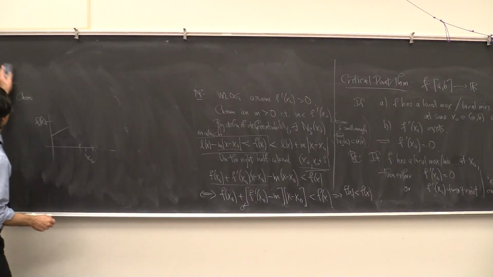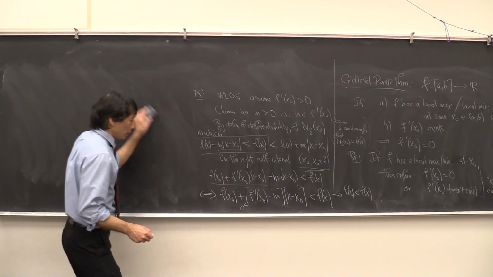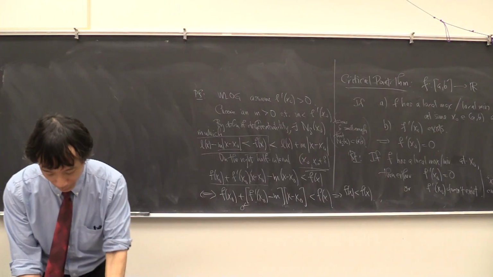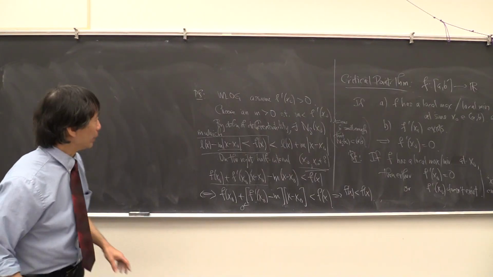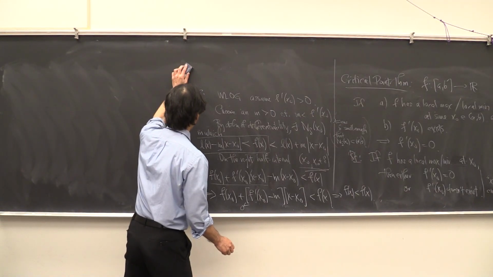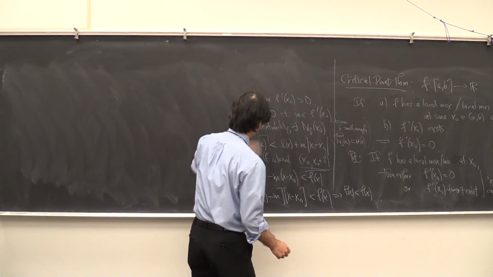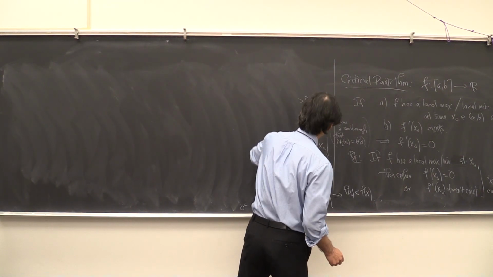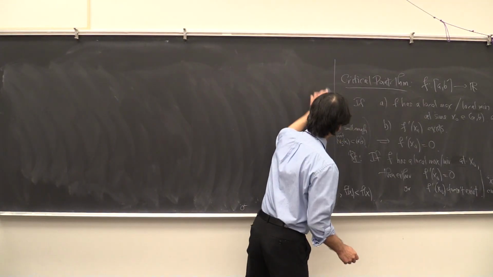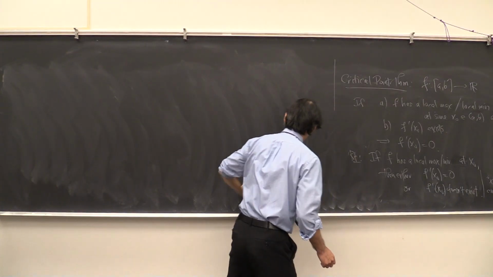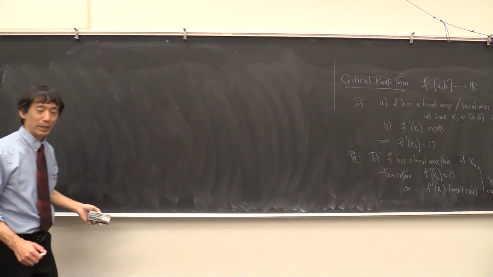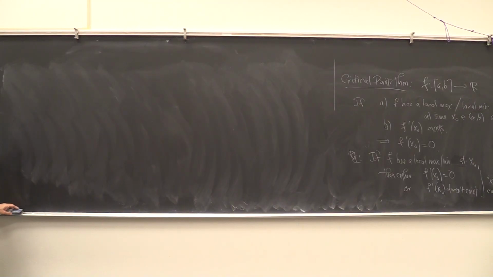So now we're going to prove a long string of results using the critical point theorem, which is due to Fermat, he of Fermat's last theorem fame, plus the extreme value theorem.